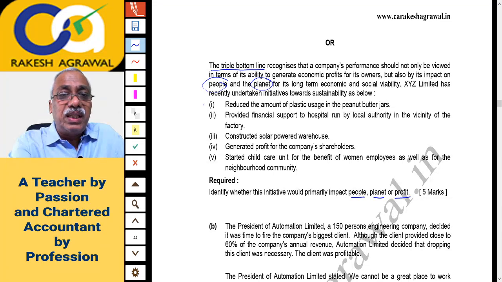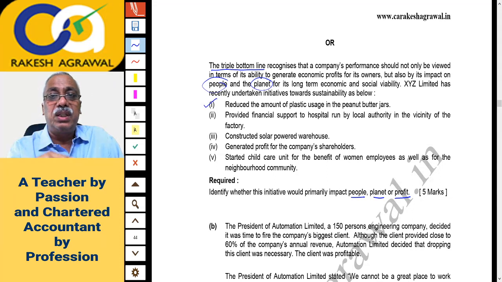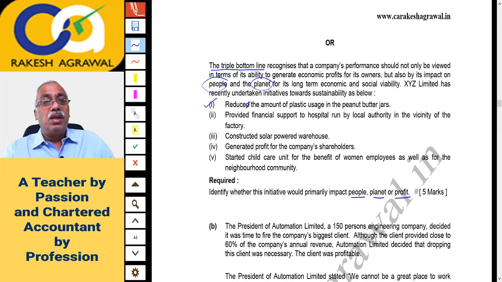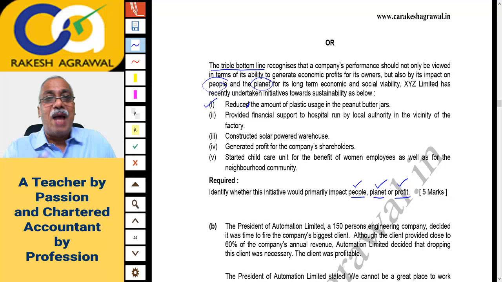Like reduce the amount of plastic usage in peanut butter jars. Now due to this, whether you will be impacting people or planet or profit, I am not saying anything, you do that and then check it with the answer. So you have to just write for each whatever you like, planet, and so on.